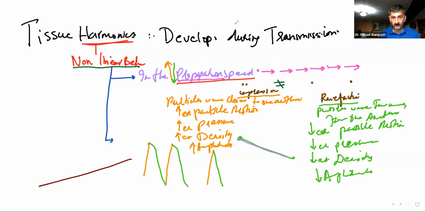Because during compression it goes up, and during rarefaction it is lower. So that was a non-linear behavior.